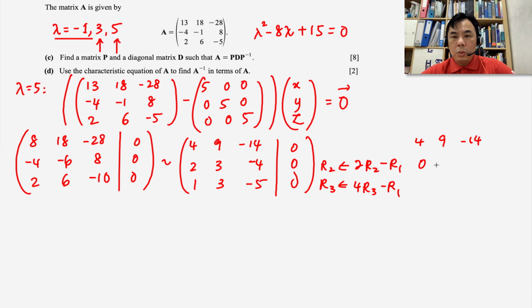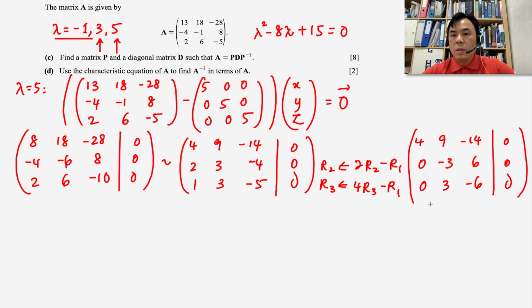So 2, 2, 6, negative 3. 2, negative 8. That will be a 6. Then finally we have 4 times is 0. 12 is 3. Negative 4, 20. So 20 is negative 6 there. 0, 0, 0. Right? And then once you simplify the last one, just let me show you the last part there.